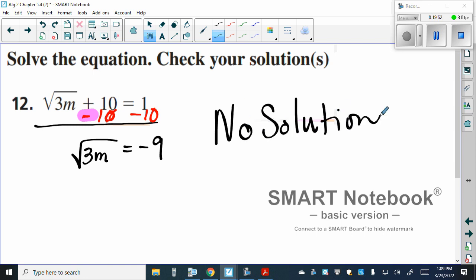So we don't have to solve it. Because the only way that this would work is if whatever value came out of the square root of 3m was negative, to reduce 10 down to 1. There's no way that this is going to work.